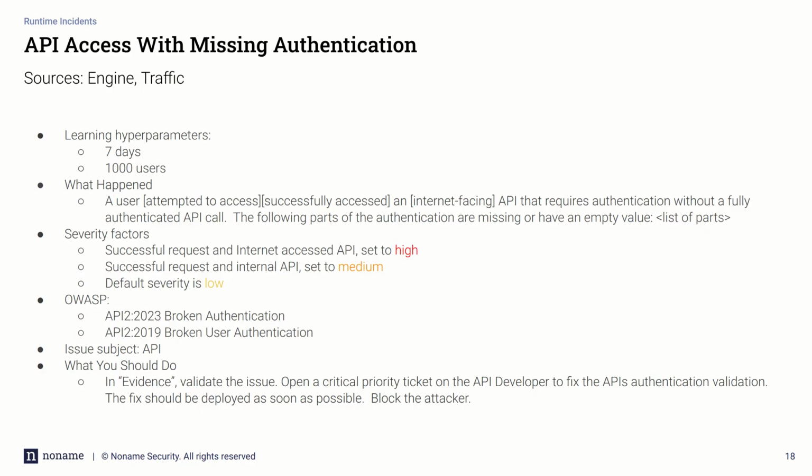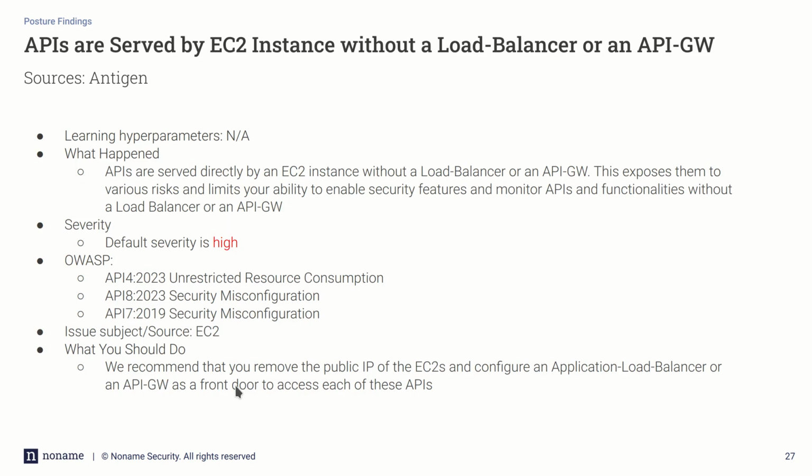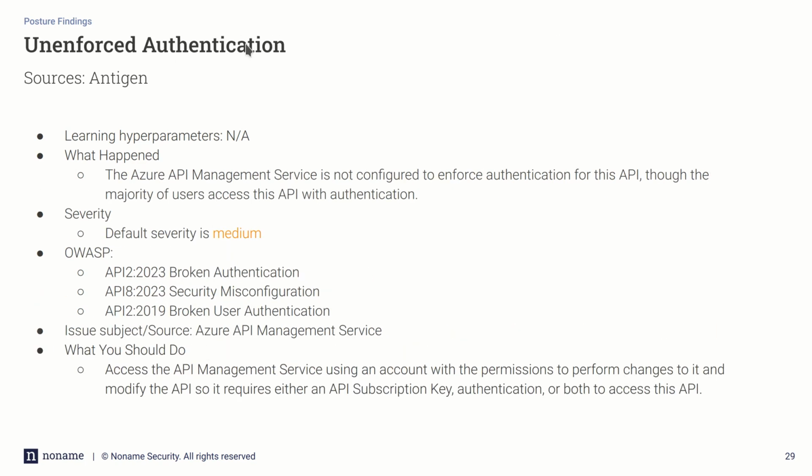That type of scenario is never going to trigger an API access with missing authentication. But it's definitely going to trigger an unenforced authentication. So these are the different ways you can capture the misbehavior or misconfiguration of an API.